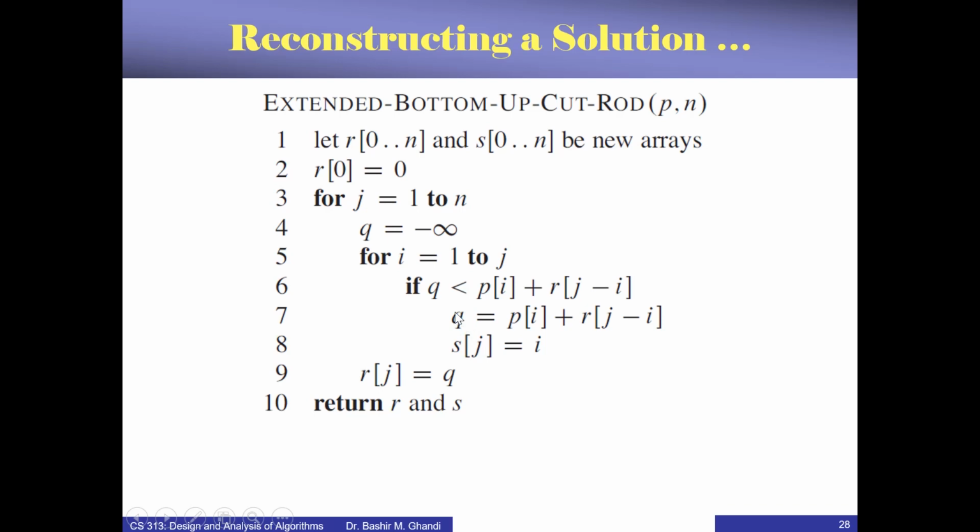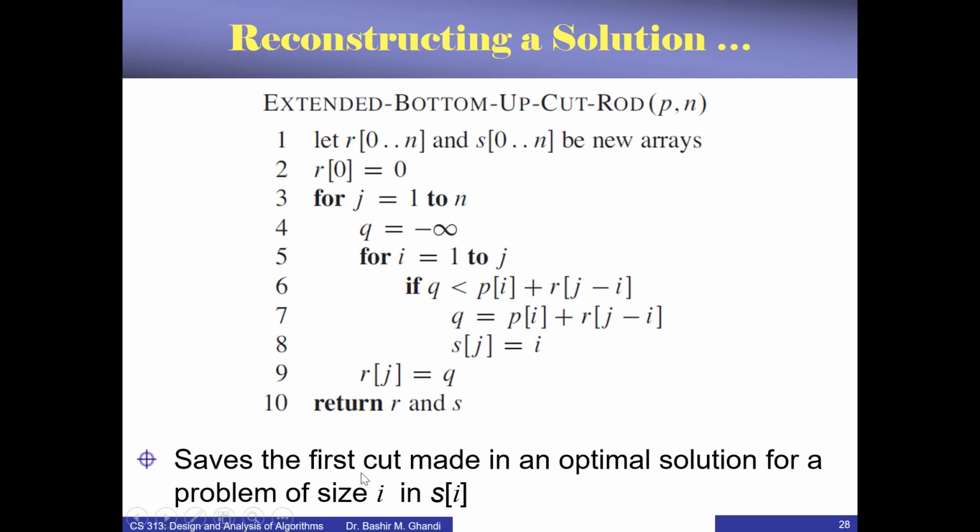So not only are we obtaining and saving the maximum revenue, but we are also saving the value of i that gives us that optimal revenue. After the inner loop, we update the revenue for j to be equal to q. Now at the end of the nested loop, we're going to return both the array R and the array S. This is the algorithm.